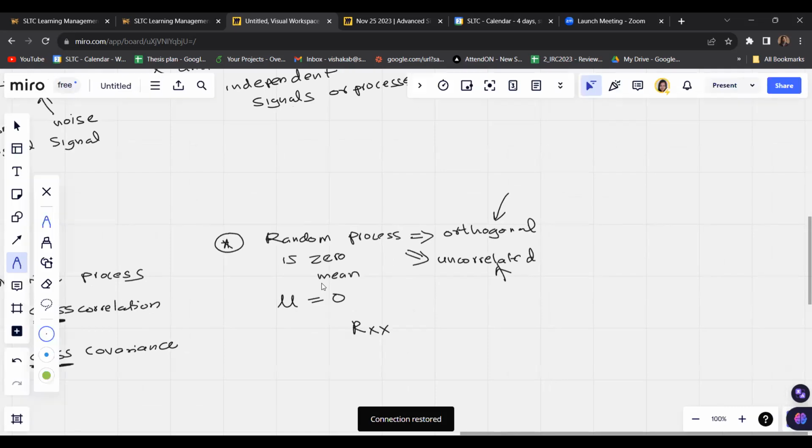The autocorrelation value for any time instances T1 and T2 is defined using the expectation operation of xt1 and xt2.